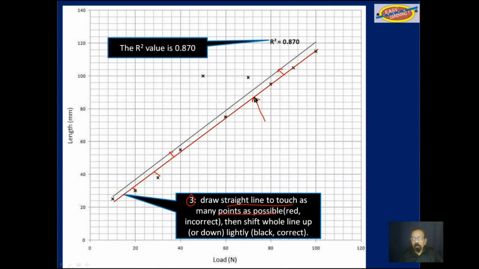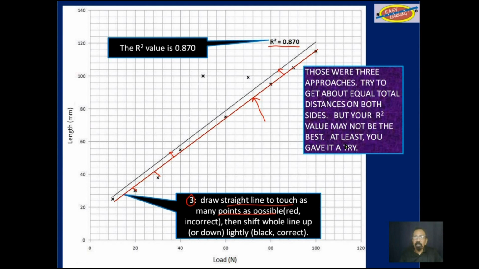Now remember, in all of this, it's an approximation. And while the total distances on both sides may be the same, that may not be the best in terms of your R squared value, but at least you give it a try. Those were 3 approaches to try. You will get equal total distances on both sides of the line, but your R squared value may not be the best, but at least you give it a try.